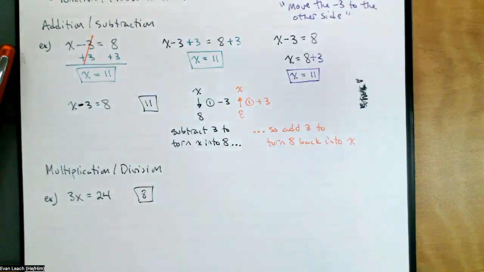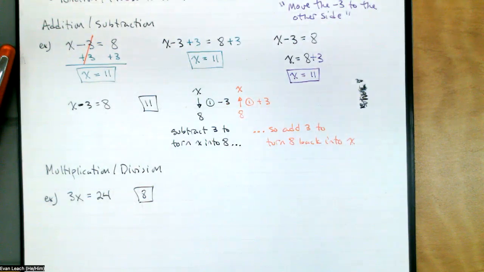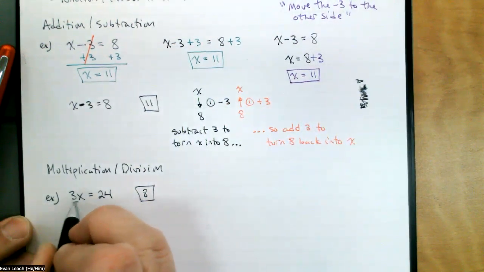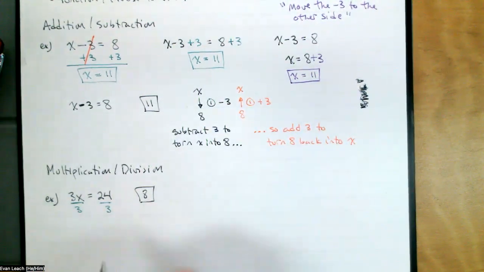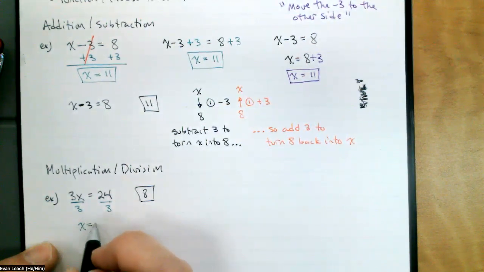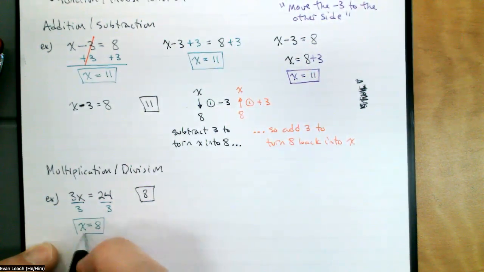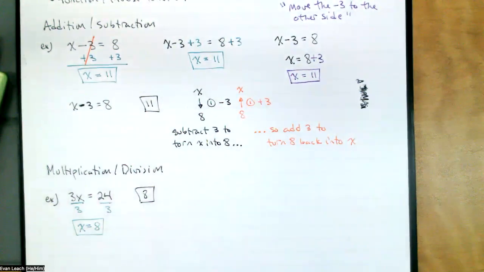So what do we do? What's the operation that we do here? Divide. So some of you on the vertical team would say, I'll divide by 3, and so x is equal to 8, which is totally cool. Some of you are going to think of moving the 3 to the other side.